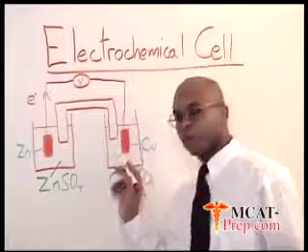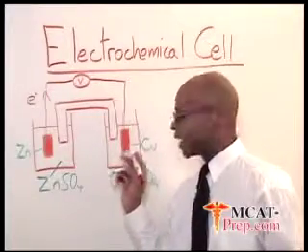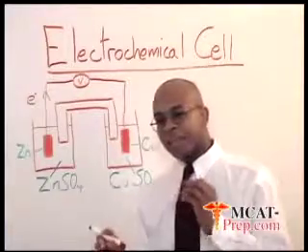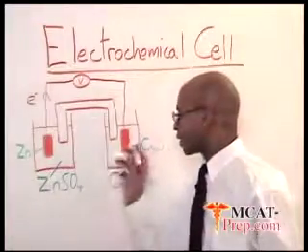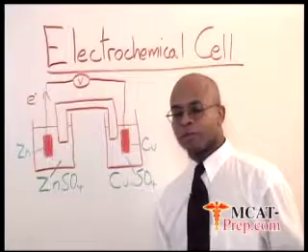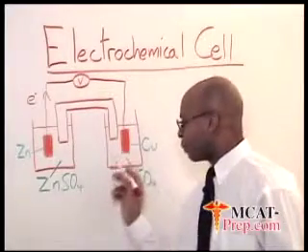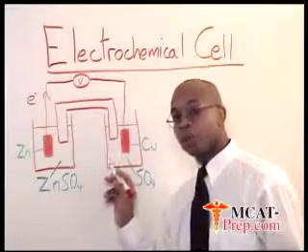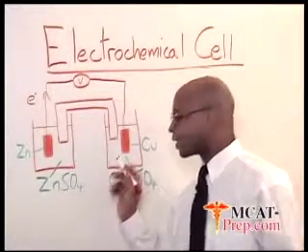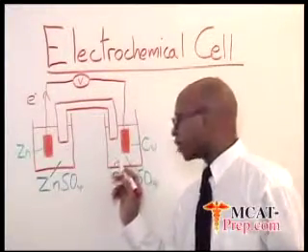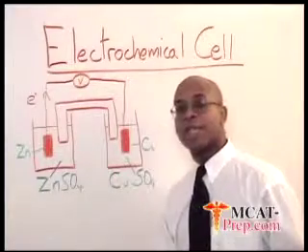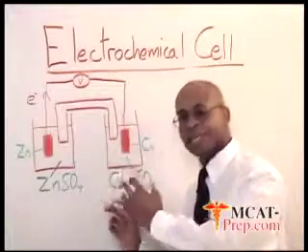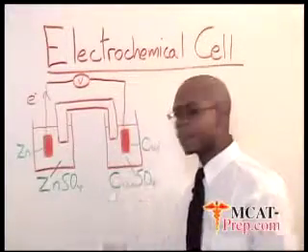So this electrode will become negatively charged. As a result of this electrode becoming negatively charged, and in the presence of copper sulfate, meaning Cu2+ in solution, the Cu2+ in solution will become attracted to the negatively charged electrode, and it will plate onto the electrode. It will become solid.